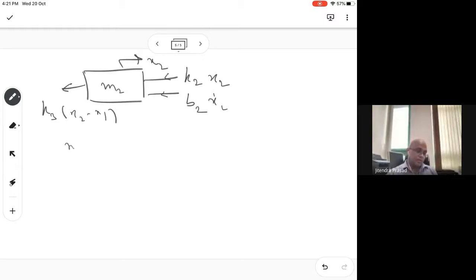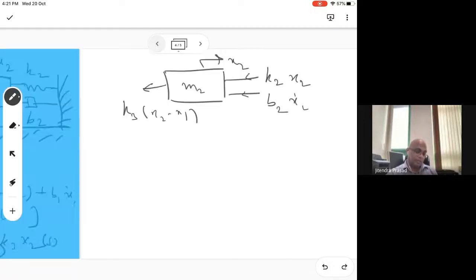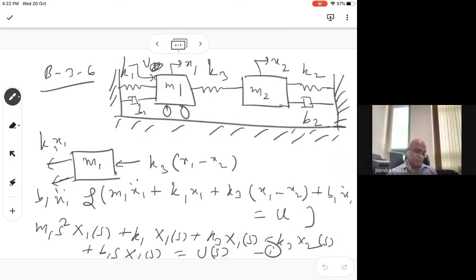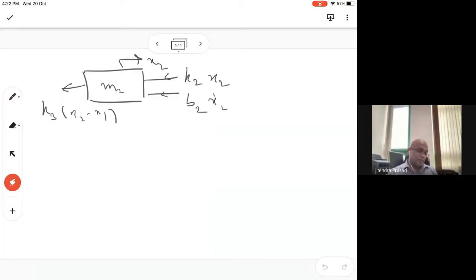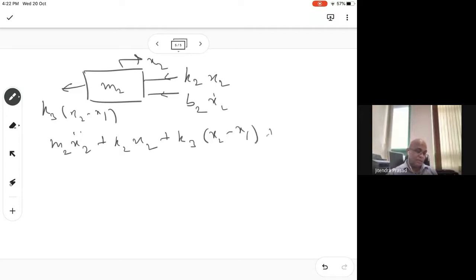So the equation is M2 X2 double dot plus K2 X2 plus K3 (X2 minus X1) plus B2 X2 dot is equal to 0.